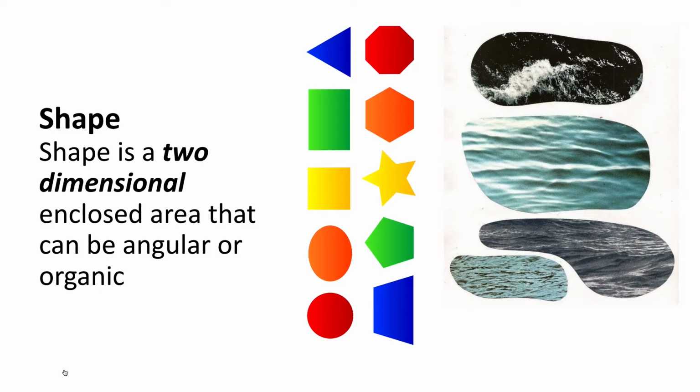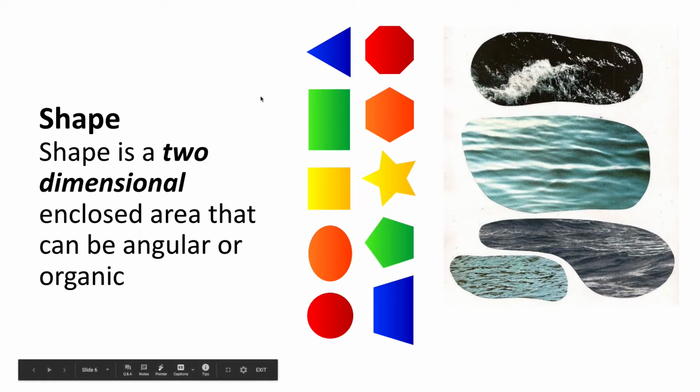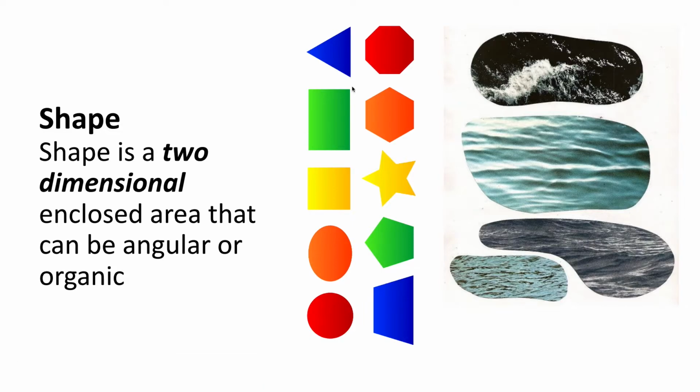You think about shape as just having two dimensions, the height and the width. This is the width here, and this is the height. And they're flat.